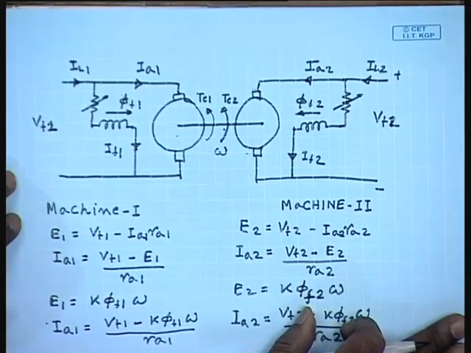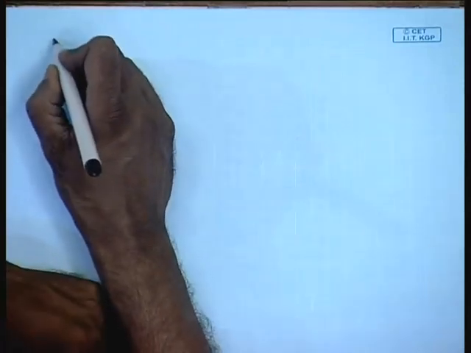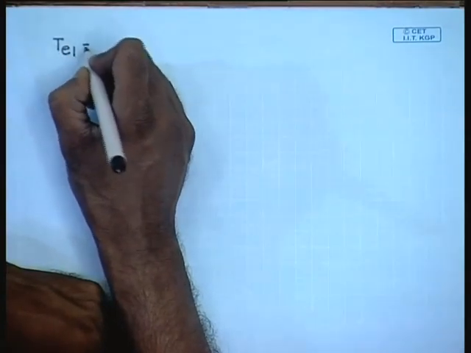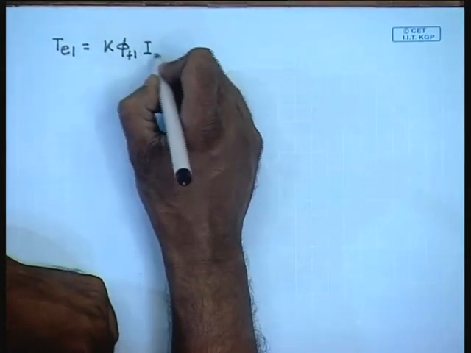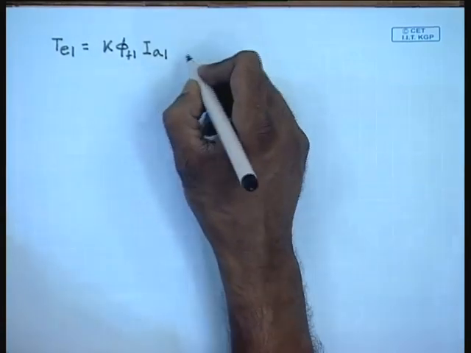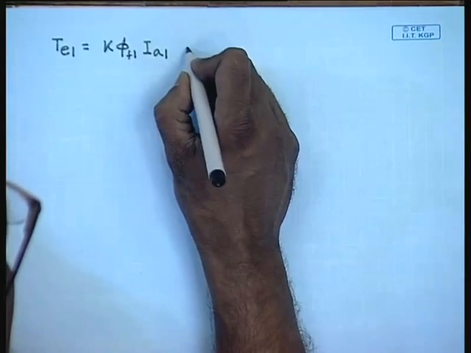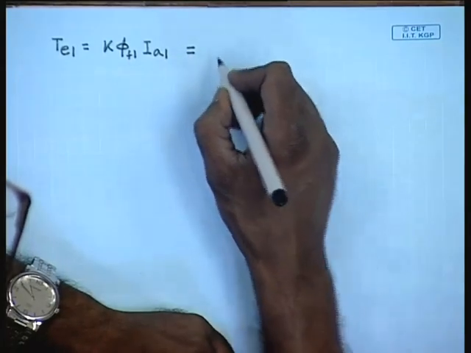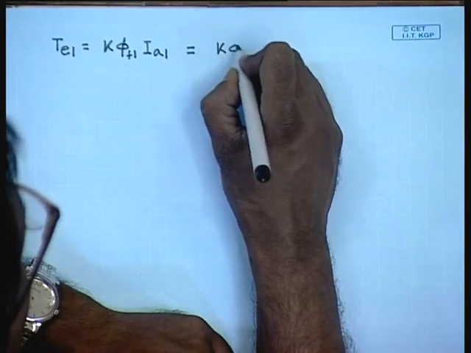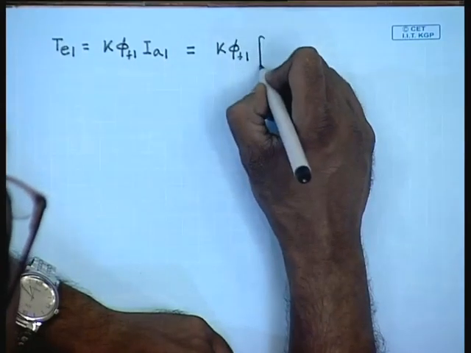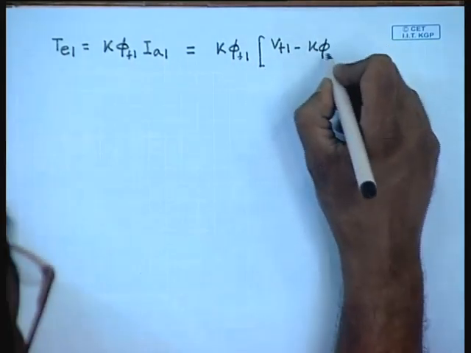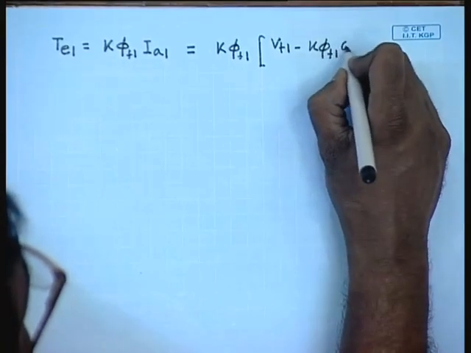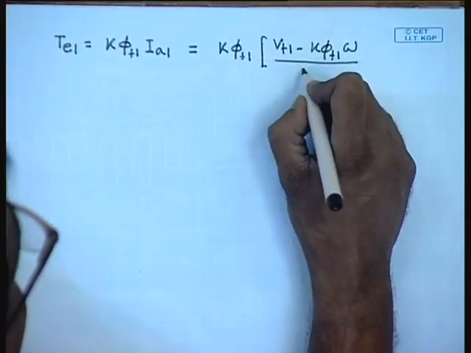Now, what are the torques TE1 and TE2? TE1 equals K phi F1 Ia1, this is equal to K phi F1 times Ia1, which is given by Vt1 minus K phi F1 omega by Ra1.